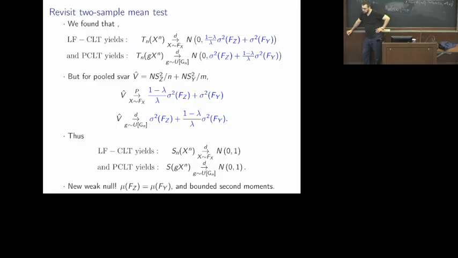Would one possibility be, I have these two different samples of size n and m. Let me choose a number p that's less than n and m, randomly choose p out of n from one group, randomly choose p out of m from the other group, and only construct a test statistic with those p observations. Would something like that work? That would be interesting.